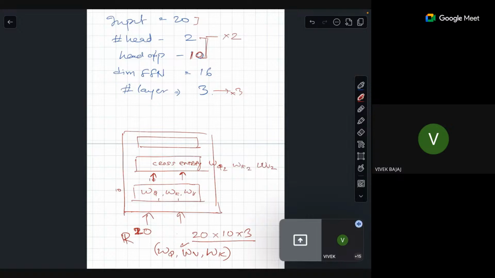The same set of parameters that we had here also occurs here, 20 into 10. So how about we do this into 2? Now here I have a doubt, sir. One is that we are assuming everything is unmasked.